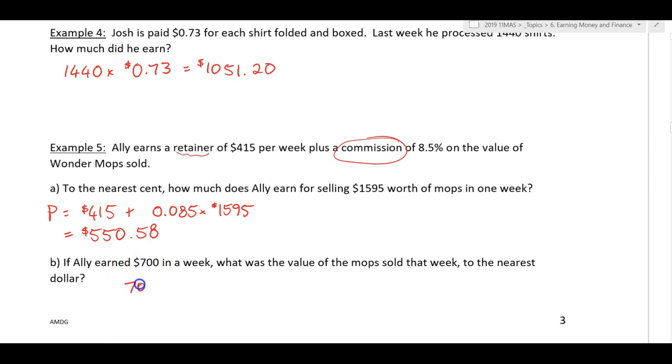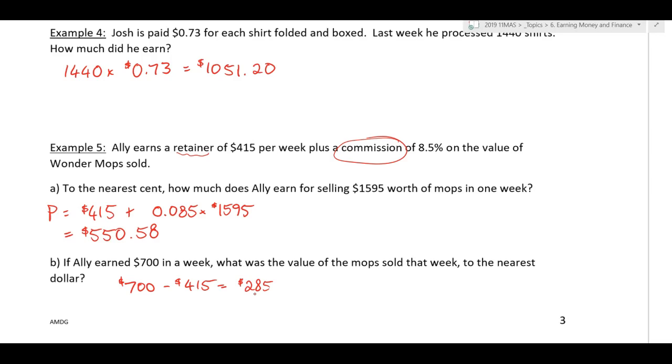So 700 minus the 415 equals $285. That tells me that the commission component of Ali's income for the week was $285. And that $285 is 8.5% of something.